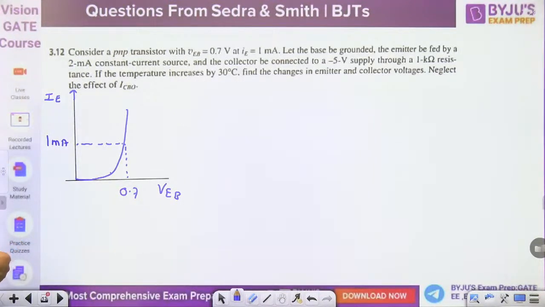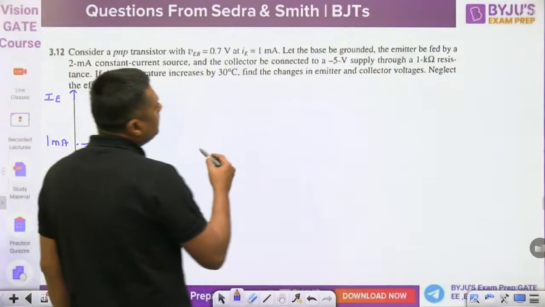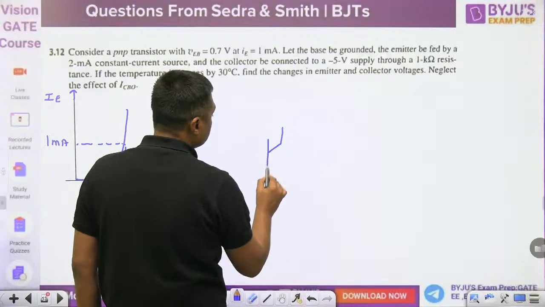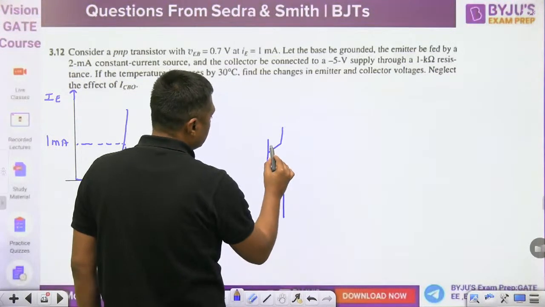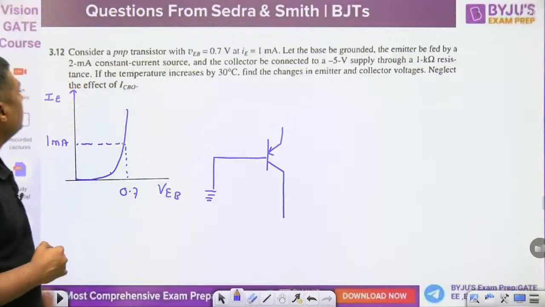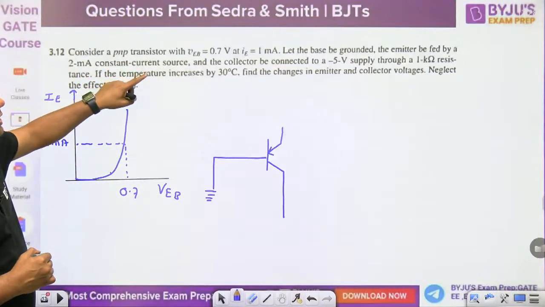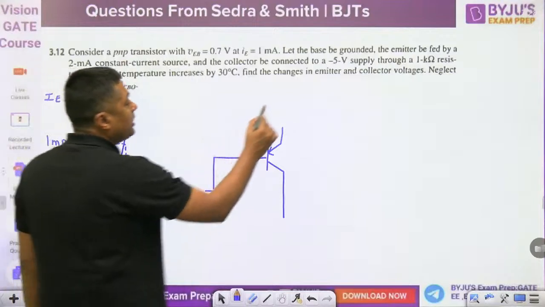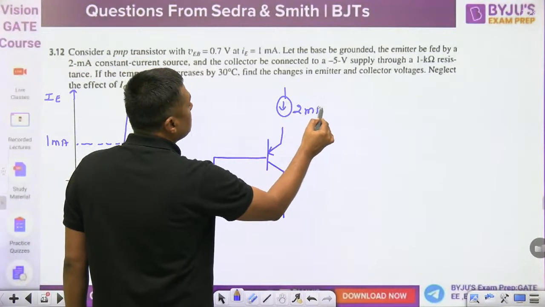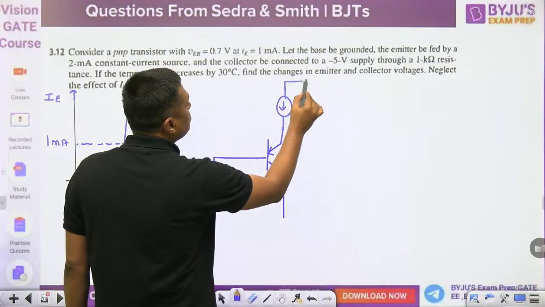Let the base be grounded. So you have to draw the PNP transistor. This is the PNP transistor. Base is grounded. Okay, no problem. The emitter is fed by a 2 milliampere constant current source. This is the 2 milliampere constant current source.